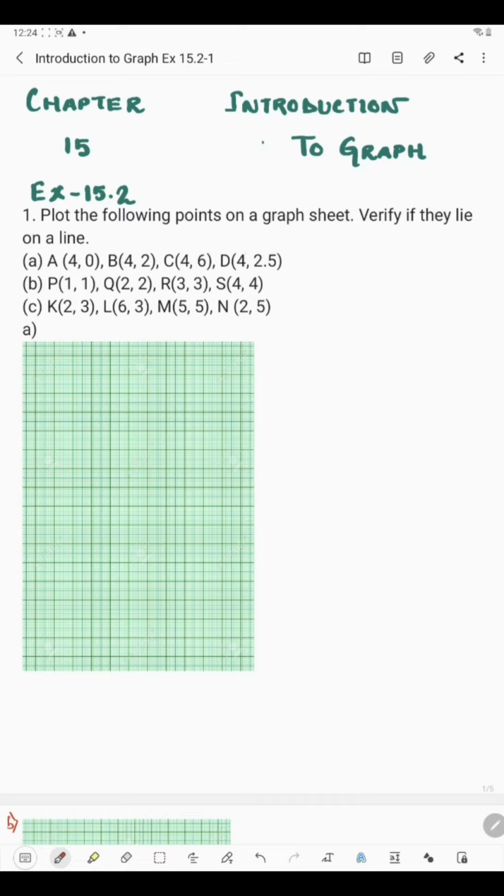In the first part, we have been given 4 points A, B, C, D. We will have to plot the values of A, B, C, D on this graph sheet.